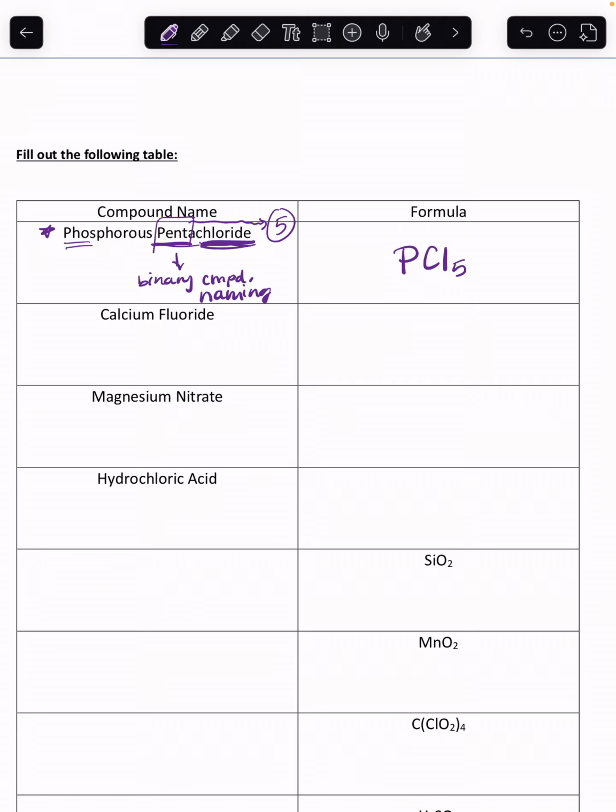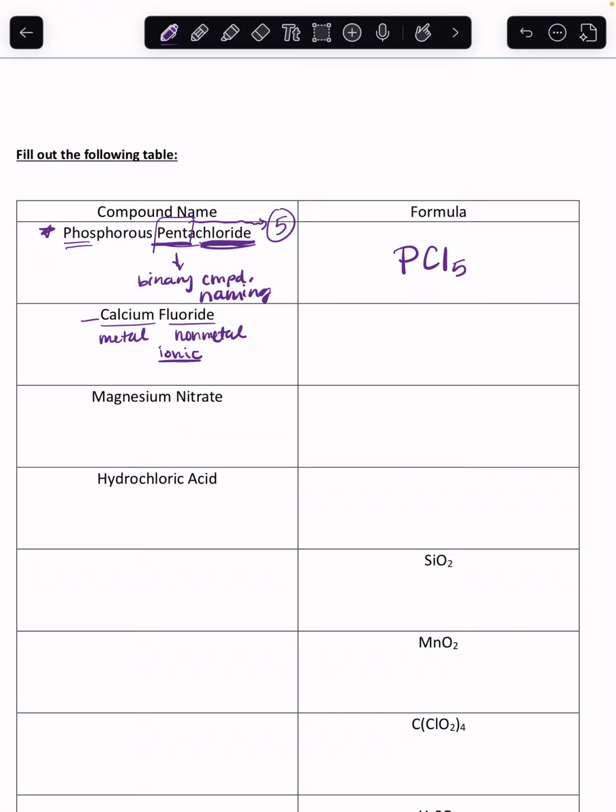Move down to the next one. Calcium fluoride. Well, this one's a little different. This one doesn't have any prefixes. Well, what could it be? Good question. Well, I know that both of these things have charges, and I have a metal here and a non-metal here. So this is going to make an ionic compound, which means I have to know their oxidation states to balance them correctly.